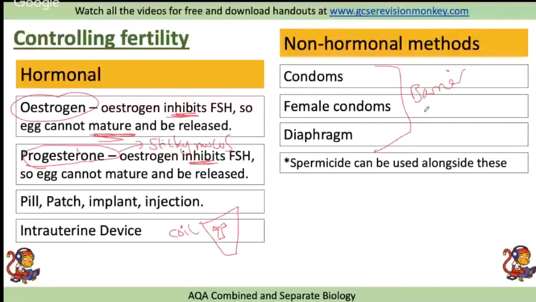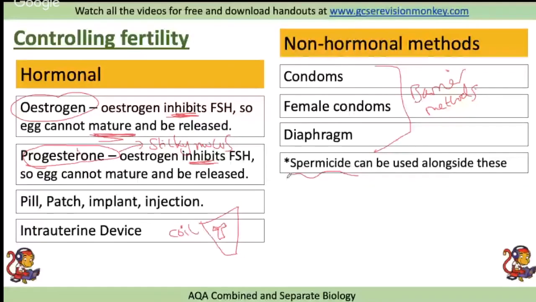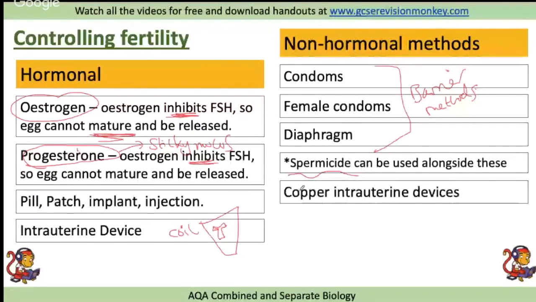Spermicide is just a chemical which kills the sperm cells. Another method you can use is copper coils, essentially copper intrauterine devices. They actually kill the sperm rather than releasing hormones.